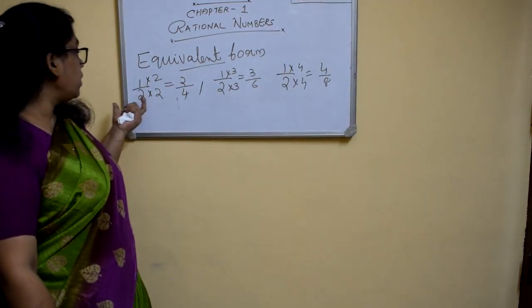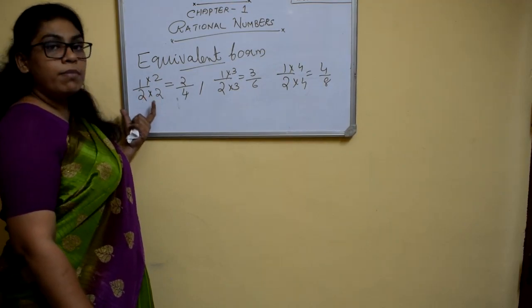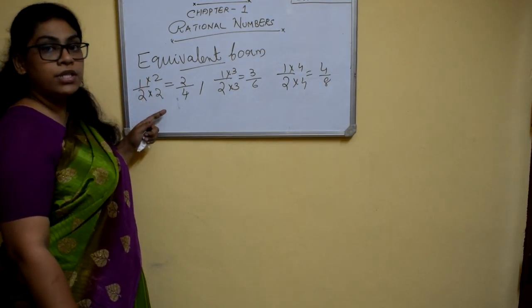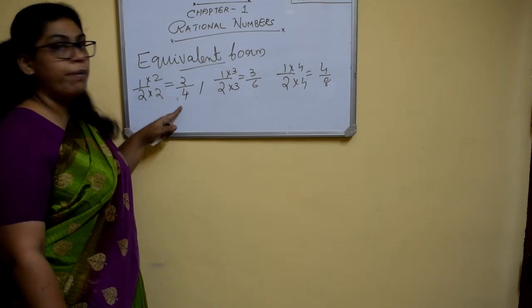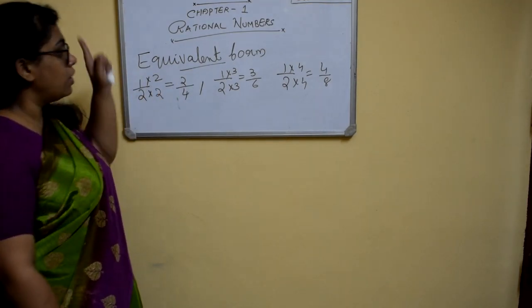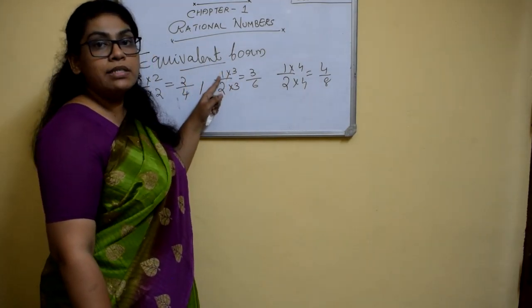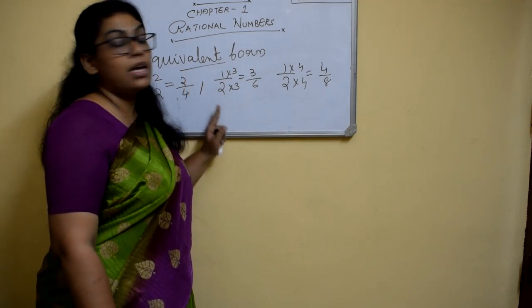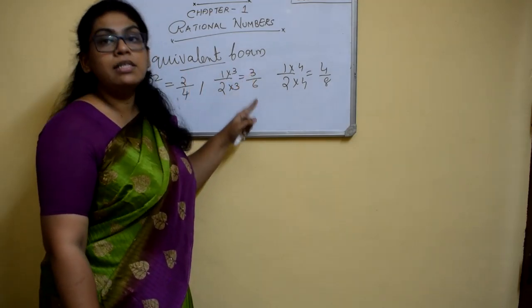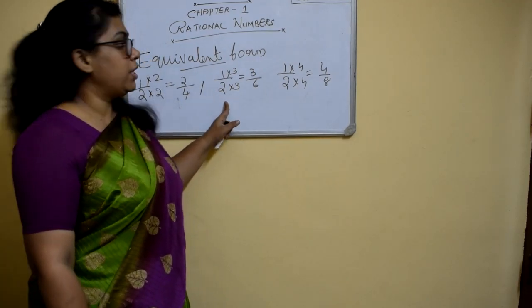Here 1 by 2 is our given rational number. If we multiply the numerator and denominator with 2, we get 2 by 4. This 2 by 4 is the equivalent form of 1 by 2. Similarly, multiplying the numerator and denominator with 3 gives 3 by 6, which is also an equivalent form of 1 by 2.